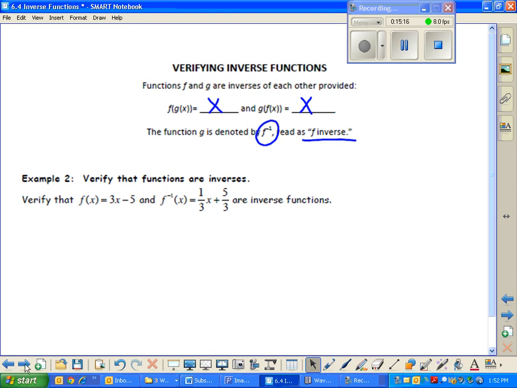I'm going to write two composite functions. One's f of g of x, and one's g of f of x. So I need a function g, right? I can't do f of g of x if there's no g. So I'm just going to call my inverse function, function g.